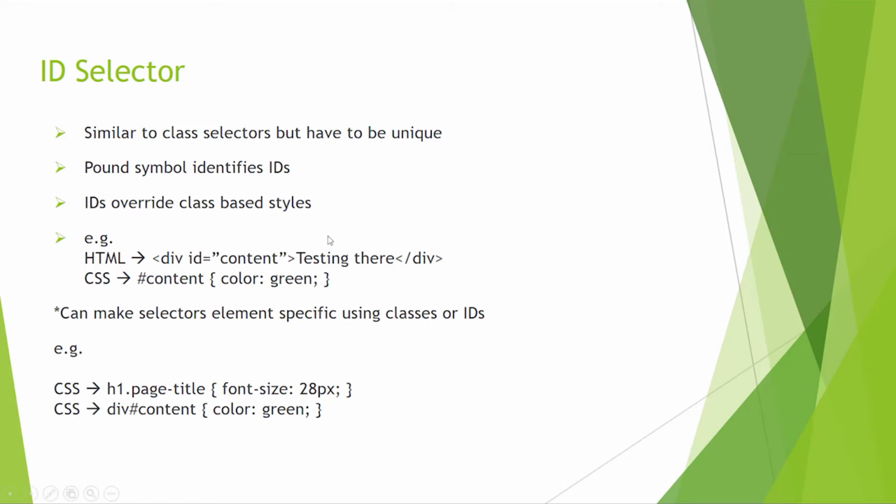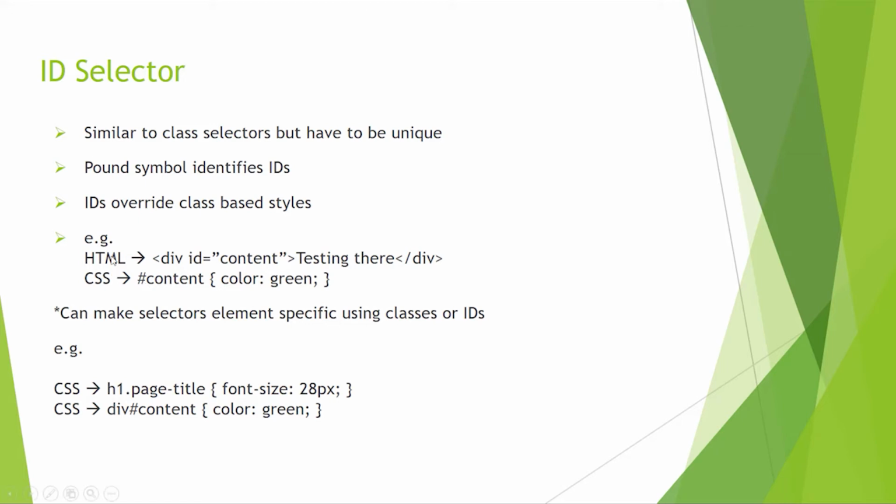So if you have a conflict between the two of them within your document, the ID will take precedence. And then finally, note that when you are creating this in the CSS, the pound symbol is what indicates an ID as opposed to the period before it when we were working with the class selectors just a moment ago.